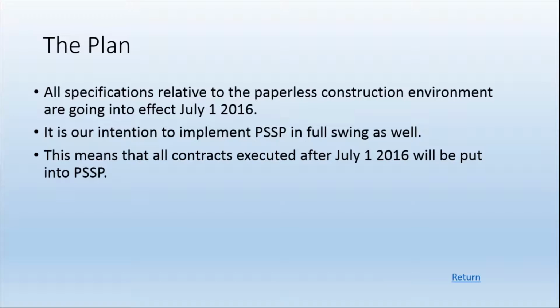And if you wonder why we're doing that, there's been many peer exchanges across the country, and Florida's been involved in a lot of them. And some studies were made, and for example, Michigan, based on the size of their program and how many jobs they build a year, were able to determine approximately how many pieces of paper they will be saving by going to a paperless environment in construction.